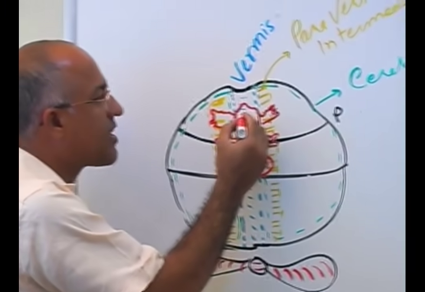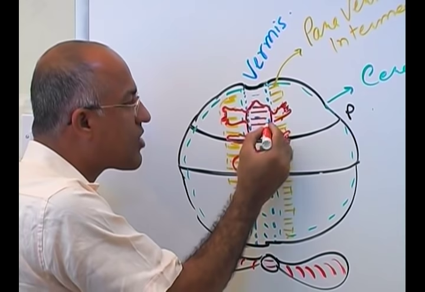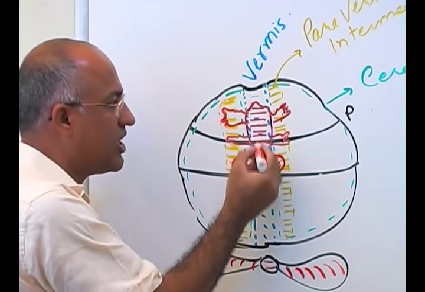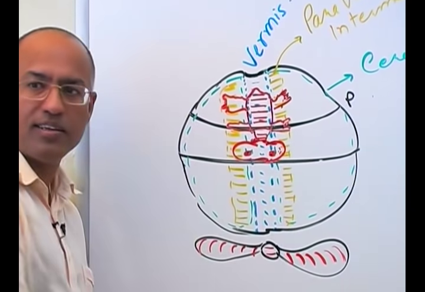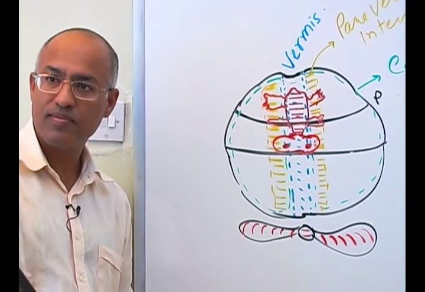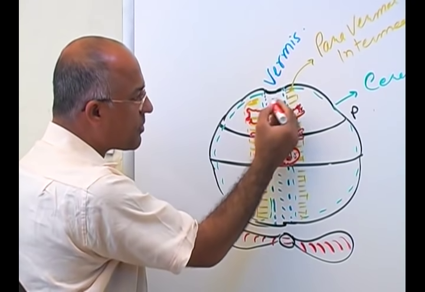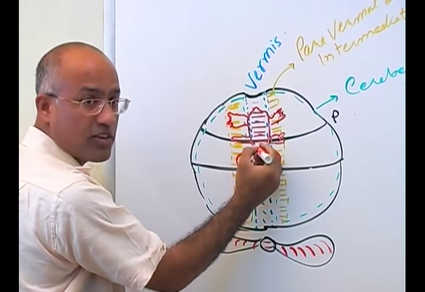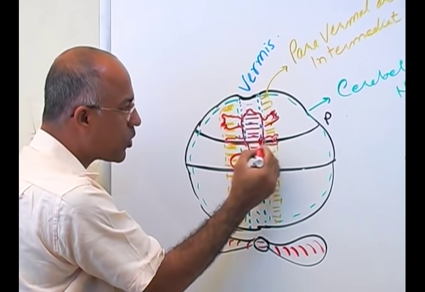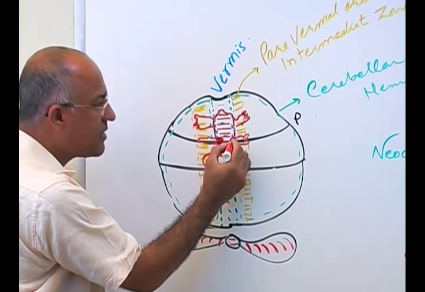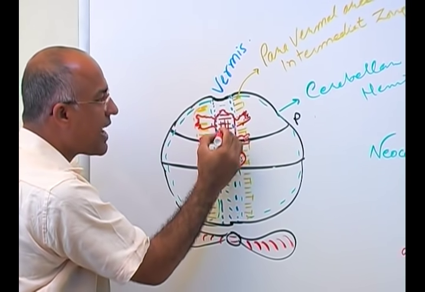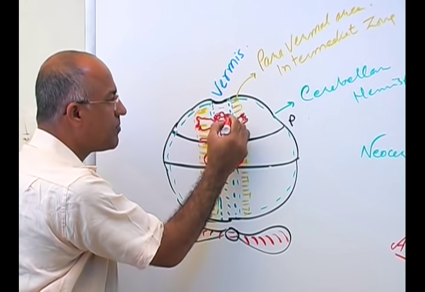Now this diagram should remind you of one thing. What is that? That control of the trunk and axial musculature is in the vermal area, right? Now which musculature is represented here? This represents the shoulder area, the trunk, and the hip area.